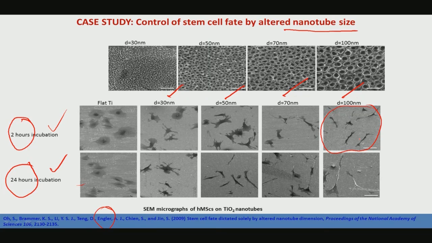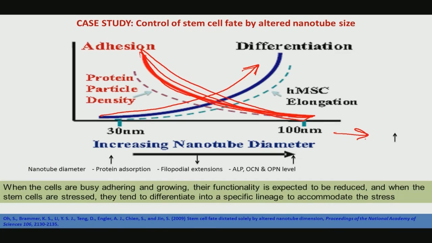That is what I am trying to explain on the basis of this qualitative description: as the cell adhesion decreases in a nonlinear manner as you increase the titanium oxide nanotube diameter, your differentiation is enhanced in just the opposite manner.